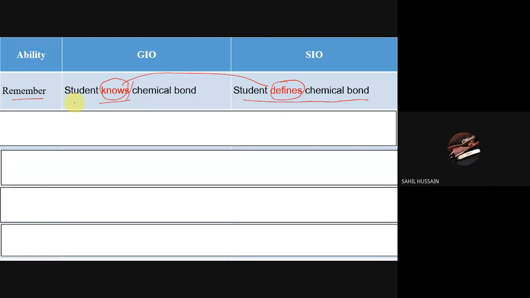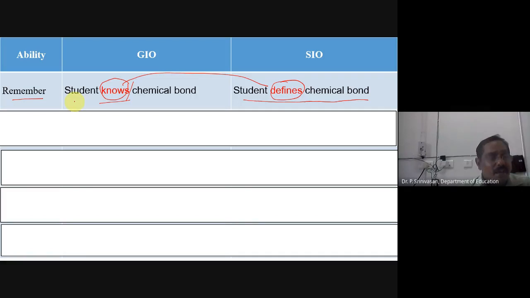Also, you can see we have not written students. I didn't use the plural word. "Students know chemical bond. Students define." Maybe grammatically it wouldn't be incorrect, but we should not use the plural. We should always use the singular. Why is it so?